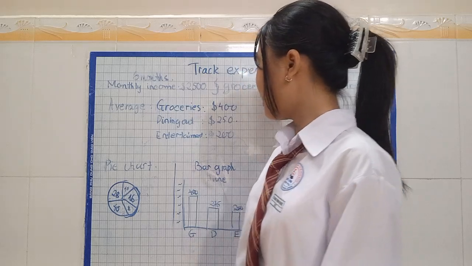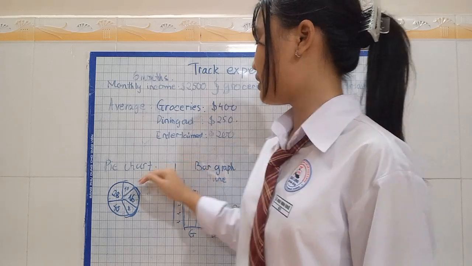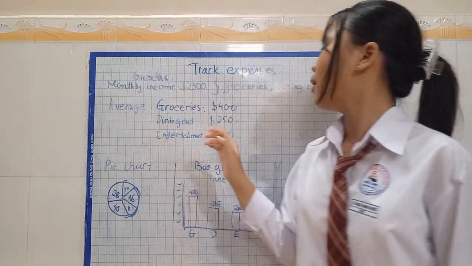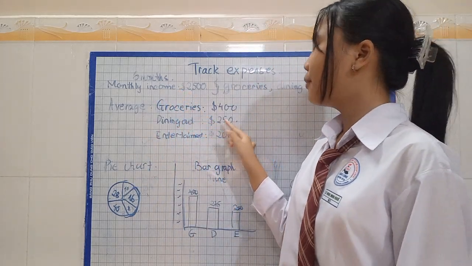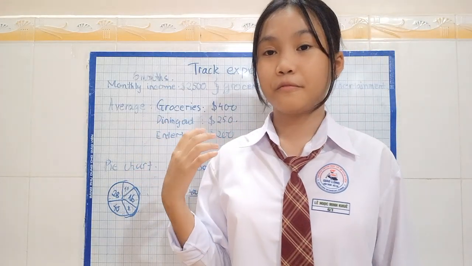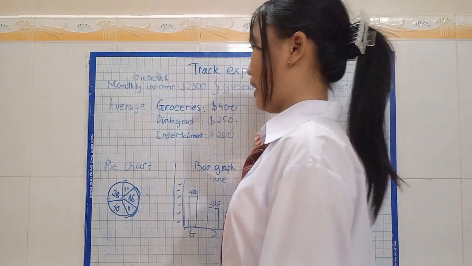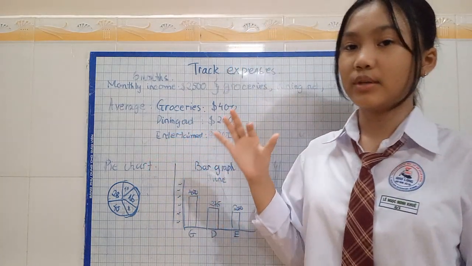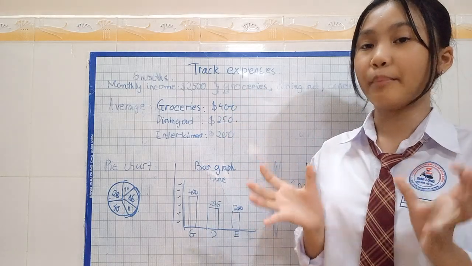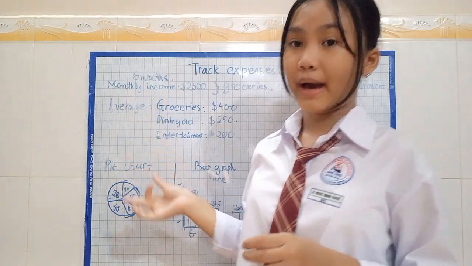Basically, dining out took 10% of our money, which is $250. There is a formula for us to calculate the percentage of each thing according to the whole that we are talking about.